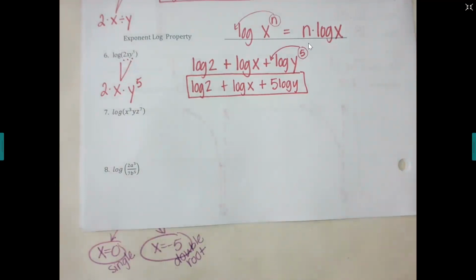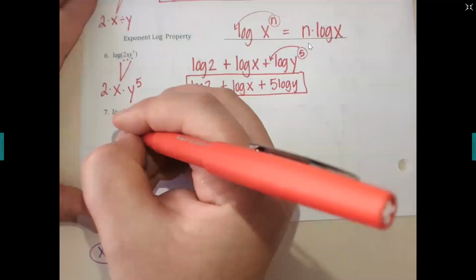So kind of weird, but let's do another one and see if we can get the hang of it. So take a look at number 7. How many logs am I splitting number 7 up into? 3. I'm going to have an x, a y, and a z. How are they all combined? Multiplication or division? A multiplication.